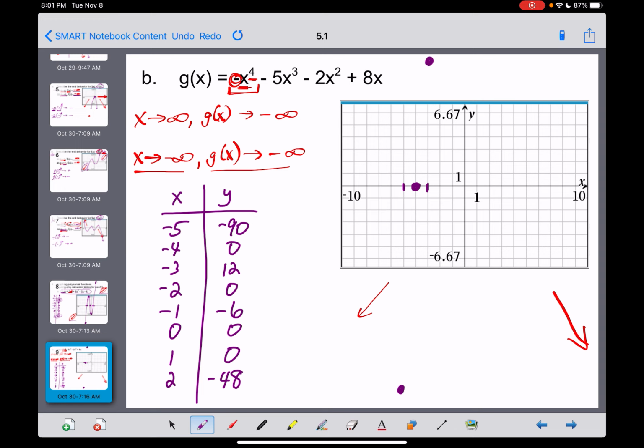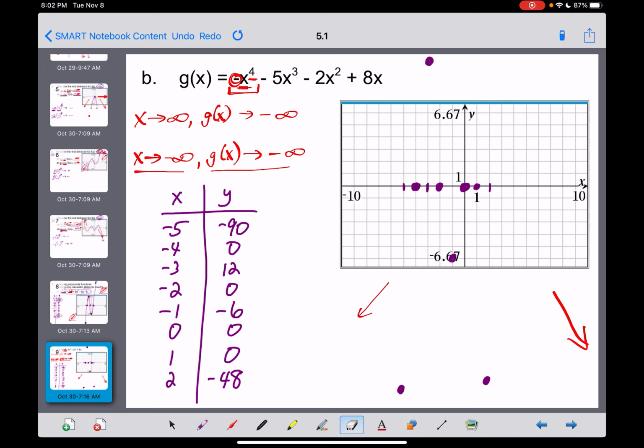It doesn't have to be perfect. Negative 2, 0 gives us that point right there. Negative 1, negative 6, there's a point. 0, 0, this one actually hits the origin, got it? And then we've got the point 1, 0, and then 2, negative 48, which again is way down here somewhere, and there you go.